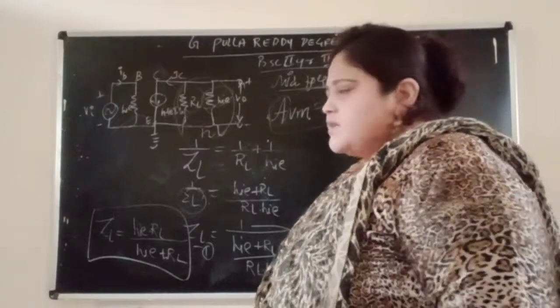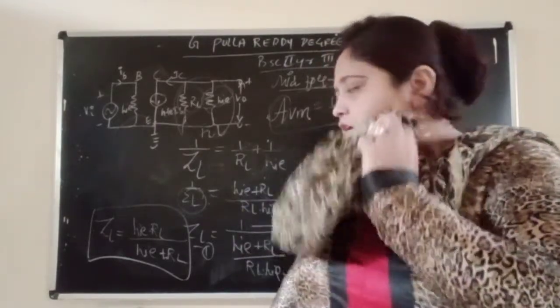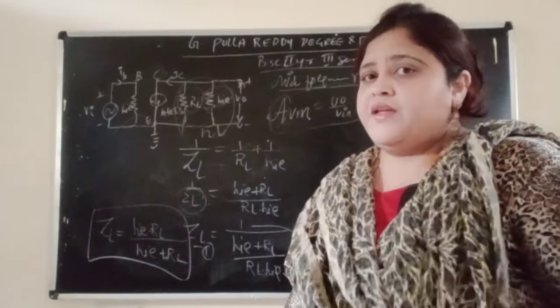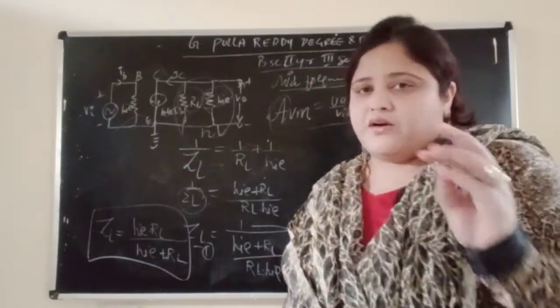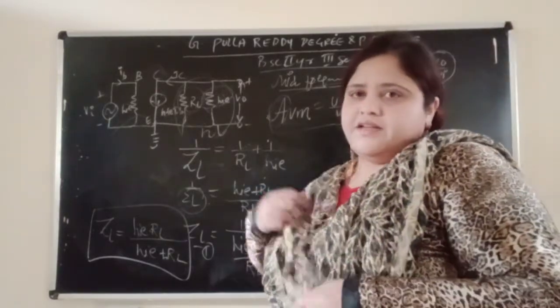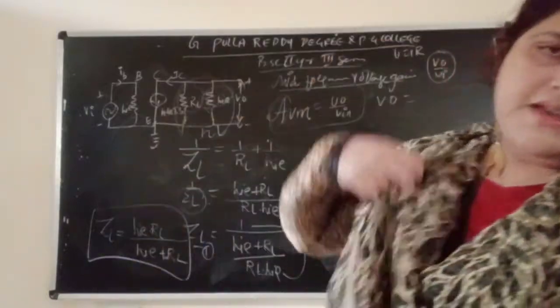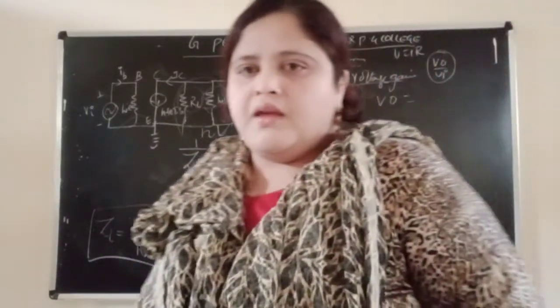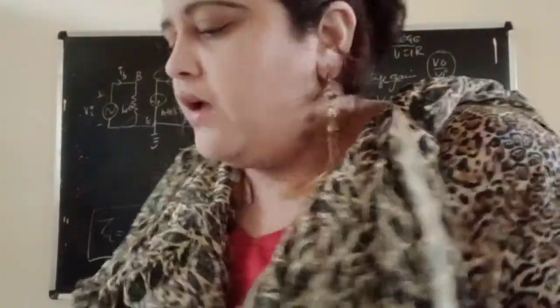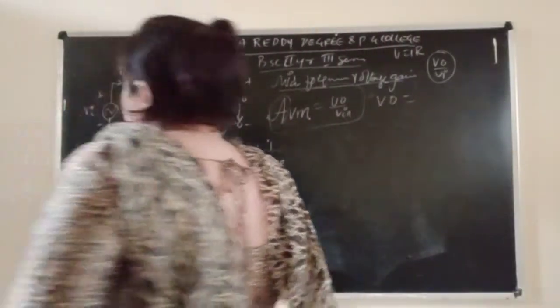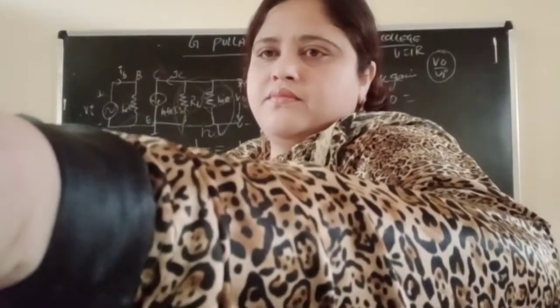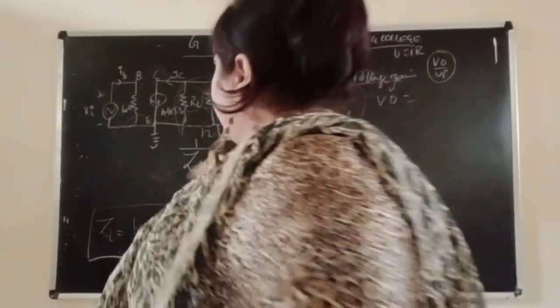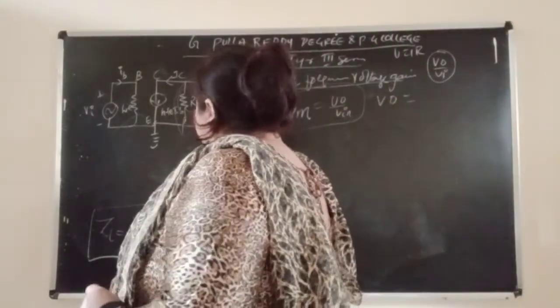This is your ZL value. The effective load resistance is ready. Across this we can calculate output, and input is ready there. We can calculate the input voltage, then we can calculate the gain. So now we will calculate the output across ZL, as the ZL value is ready now.